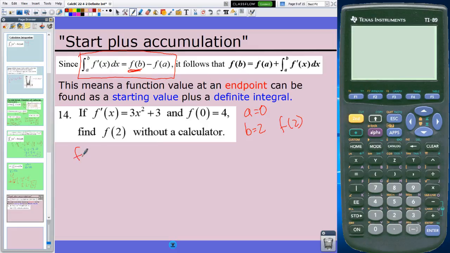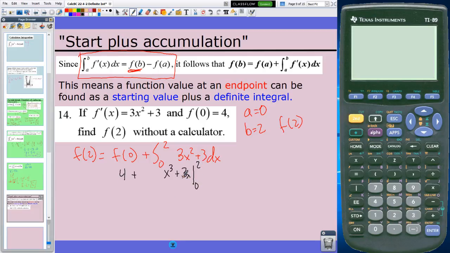All right, so I'm just going to rearrange in this format. That means my f of 2 equals my f of 0 plus the integral from 0 to 2 of f prime of x, so 3x squared plus 3 dx. And again, I didn't really need to rearrange in this format. I could have solved it anyway, but here we go. We know this equals 4, and then you're going to integrate this guy. The integral of 3x squared is 3x cubed over 3, just x cubed, plus 3x from 0 to 2.